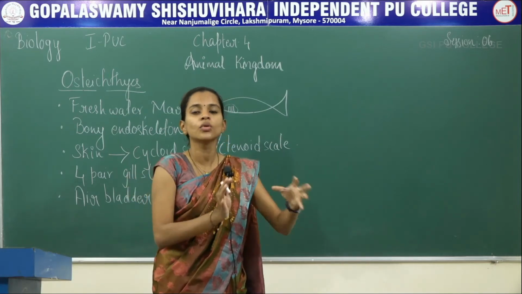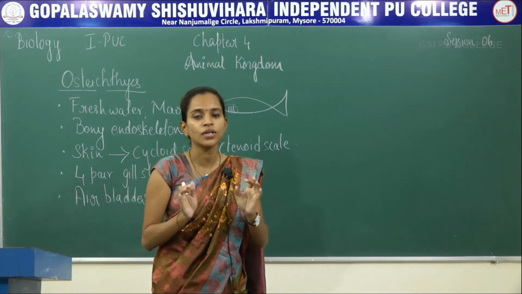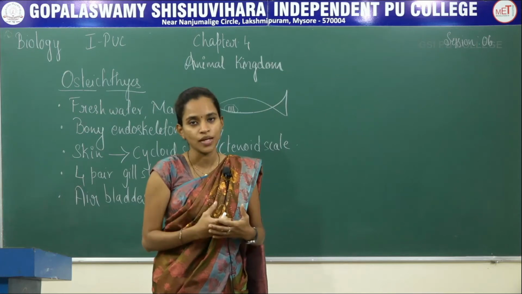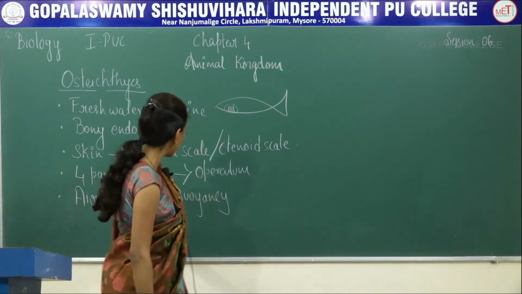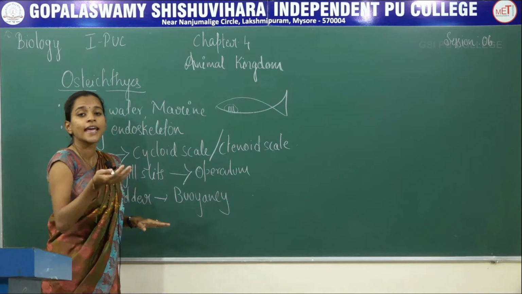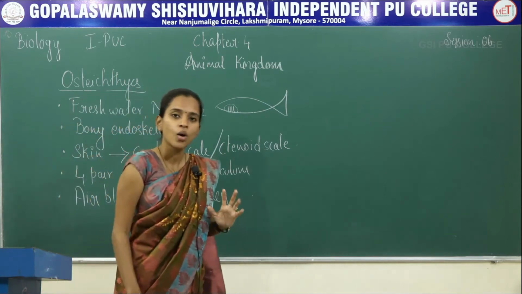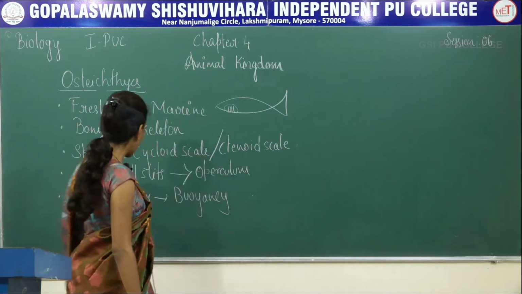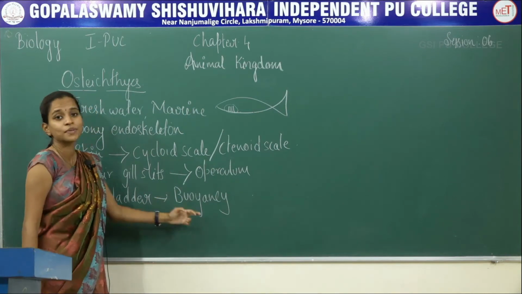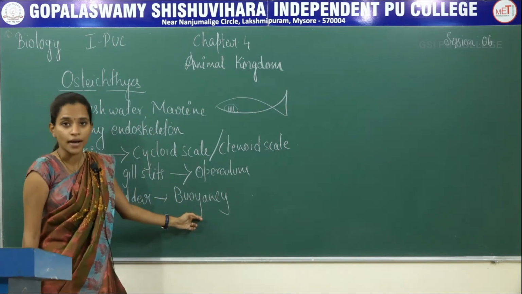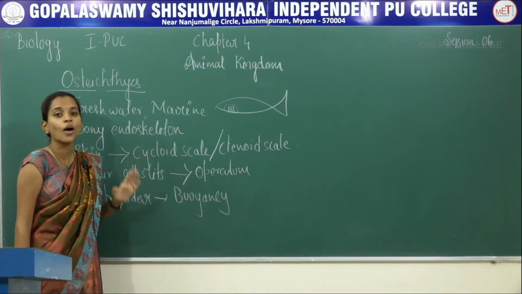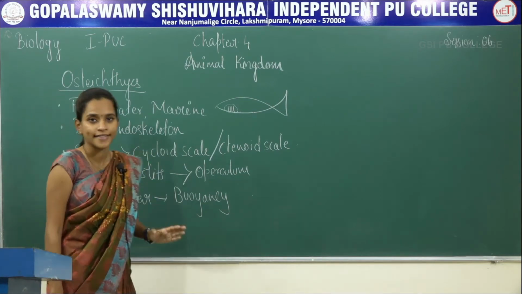They can move in water for some time without flapping their fins or without swimming. Because of presence of this air bladder, they help in floating in the water for a while. So they have air bladder which helps in floating or which helps in buoyancy. This character is also absent in case of Chondrichthyes.